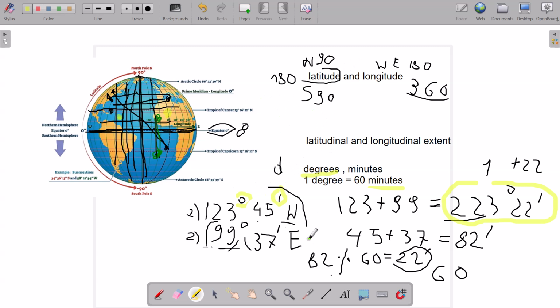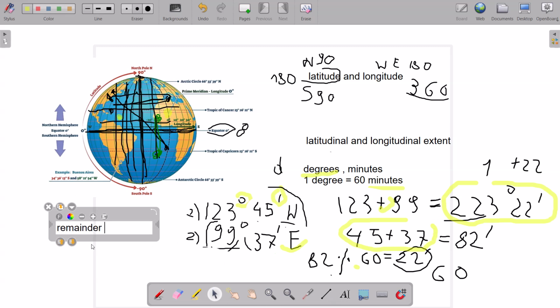If it's the same hemisphere, if it's west west or north north, you subtract. If it's a different hemisphere, whether north or south or east or west, you add these values together. We add them, and if during addition you get more than 60, you can do something called remainder or modulus, right?